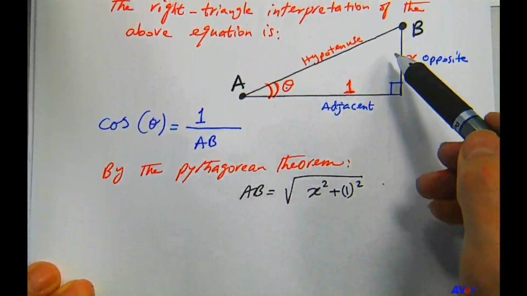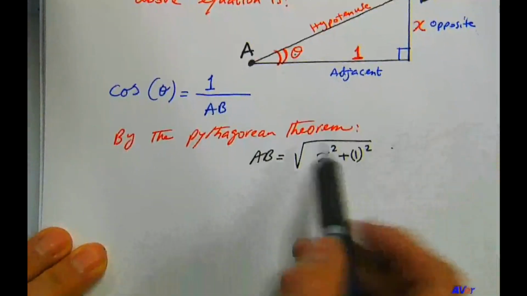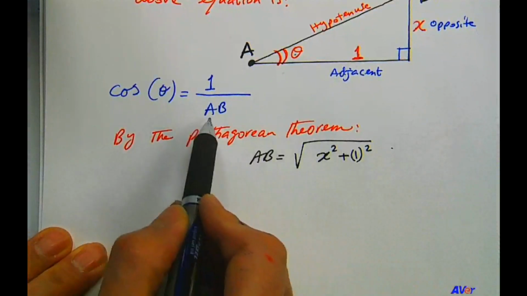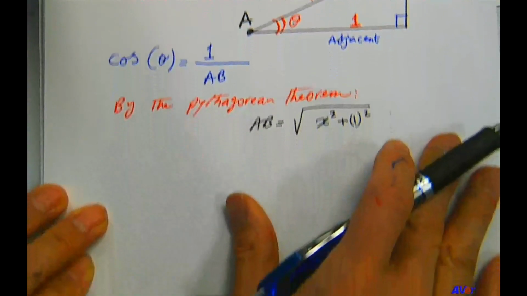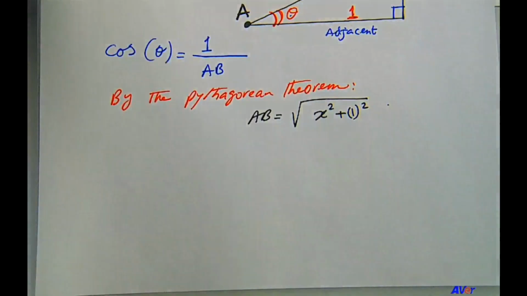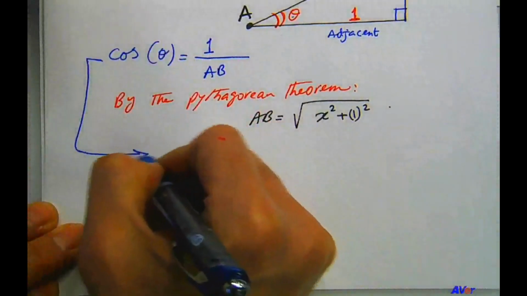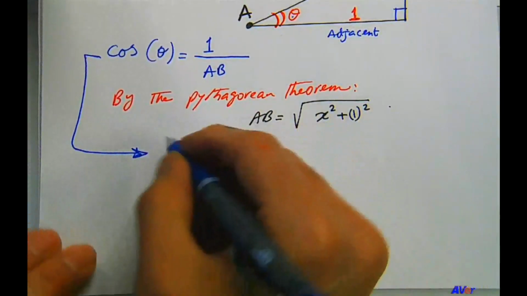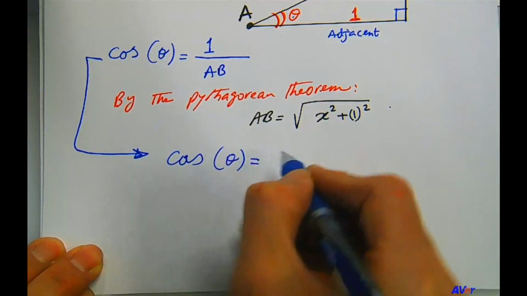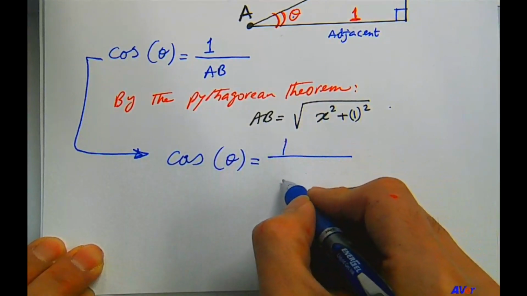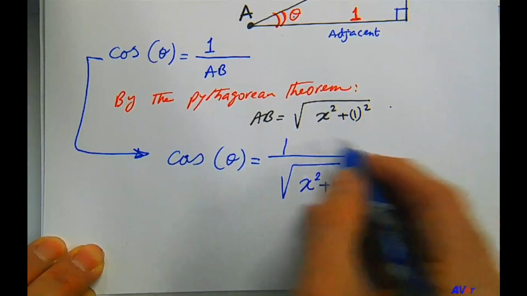That's just looking at, because AB is the hypotenuse, right? So x squared plus 1 squared. Now let's substitute this in, which is 1 squared is 1, right? So let's substitute this here. So we have cosine of theta is equal to 1 over square root of x squared plus 1.